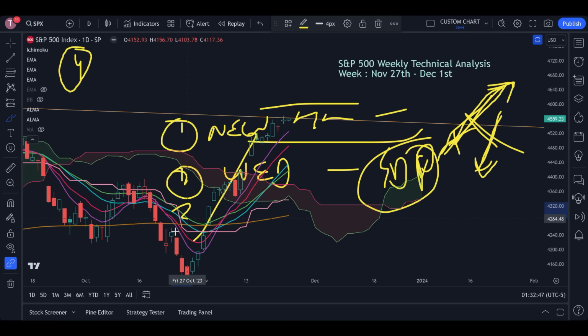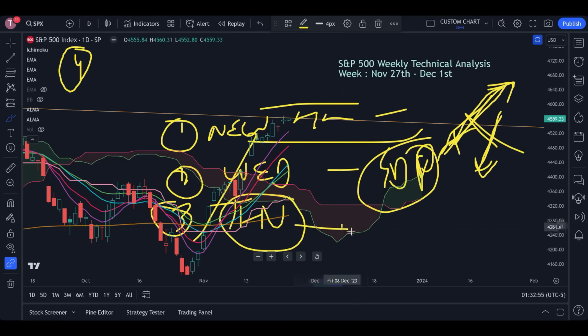Third point: Thursday. Yes, Thursday will be very, very important. Thursday is the day when we can see either another heavy bullish push or a heavy decline in the entire US stock market. Why?